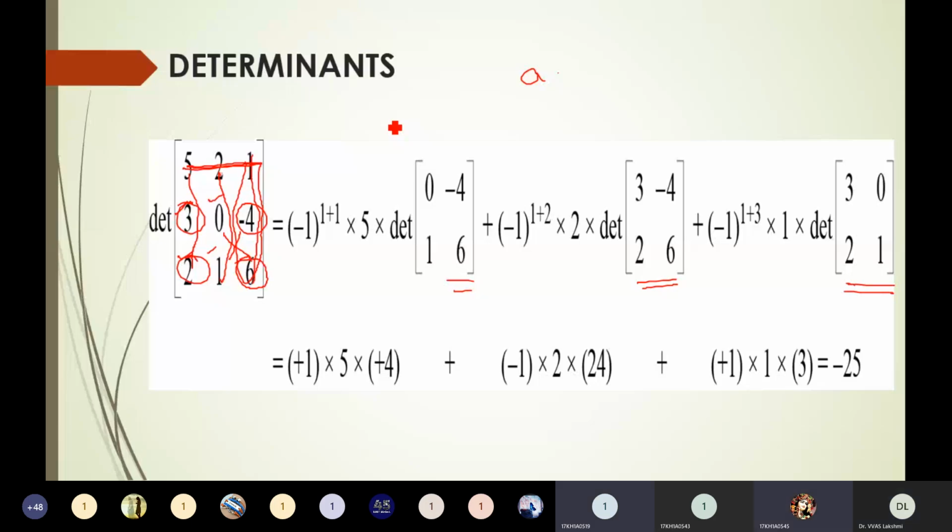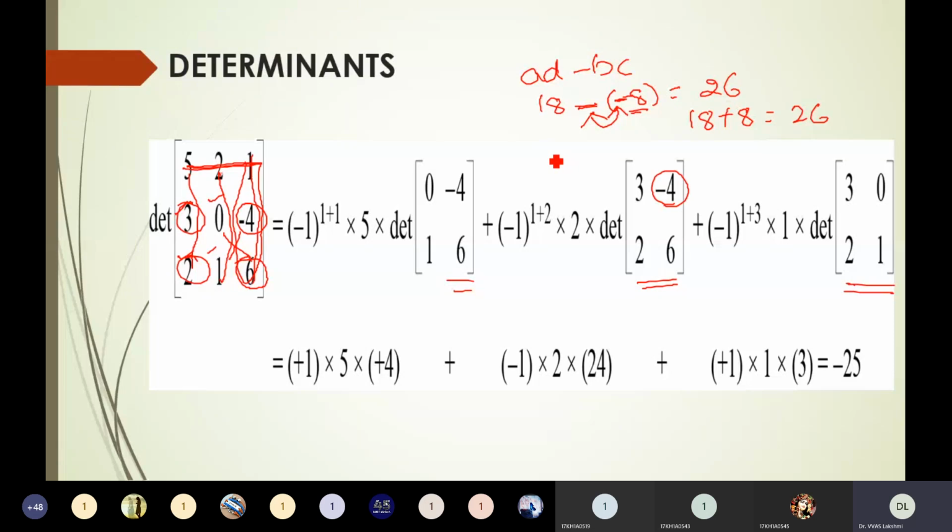How much do we get? So the A value is 18 minus -8. 18 minus 8 is 10? 18 plus 8 is 26. No, amma, 18 minus BC. Here the B value is a negative value. That's why we will get -8. Here minus into minus is plus. 18 plus 8, 26.